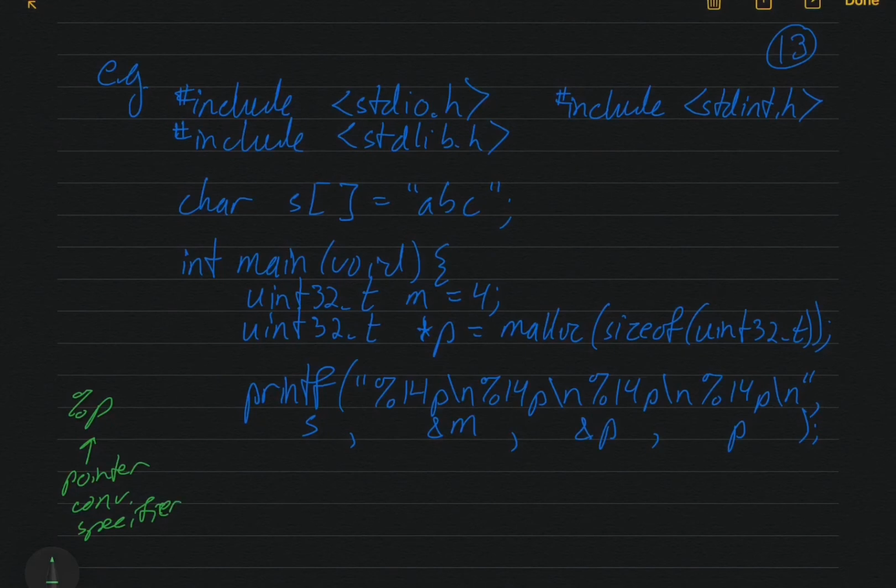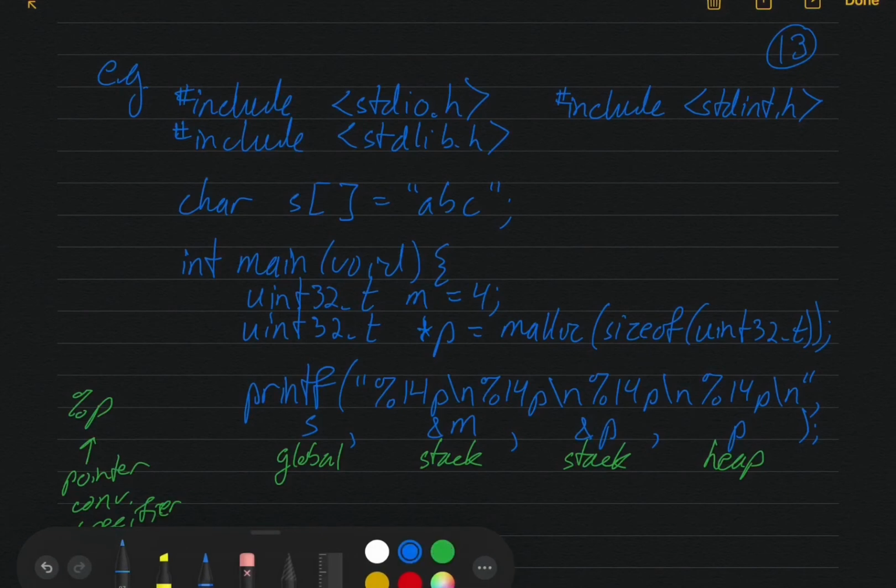And s is a global, so we should see that it's at a relatively low address. m is on the stack, so we should see it coming from a high address. p, the local variable, is on the stack, so we should also see that at a high address. And then what p points to, the address that it contains, is on the heap. And so we should find that that's an address between the globals and the stack.